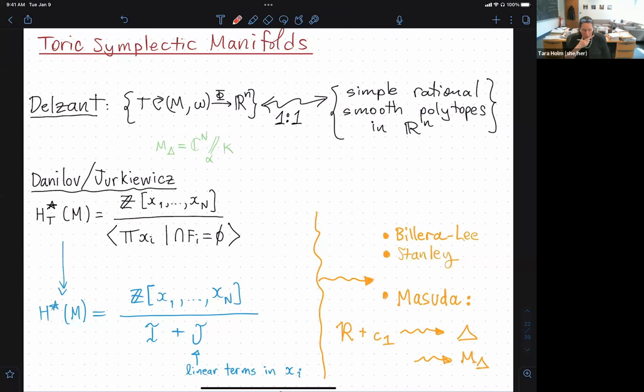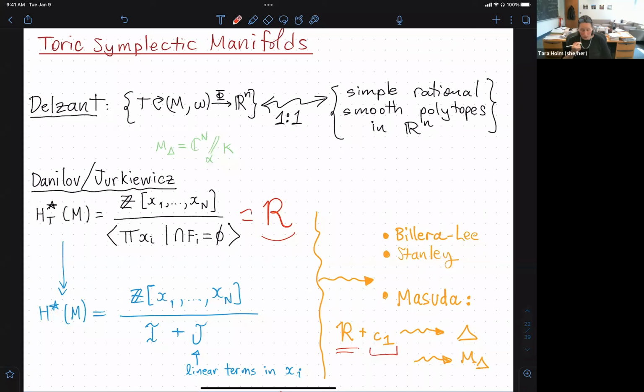From there, Masuda has done some work showing that from this presentation, so I'm calling this ring R, this face ring R, the equivariant face ring, Masuda proved that if you know both R and the first Chern class, so you know which element of this ring in degree 2 is the first Chern class, from this you can reproduce the polytope delta, and then of course by Delzant's construction you can reproduce the manifold.